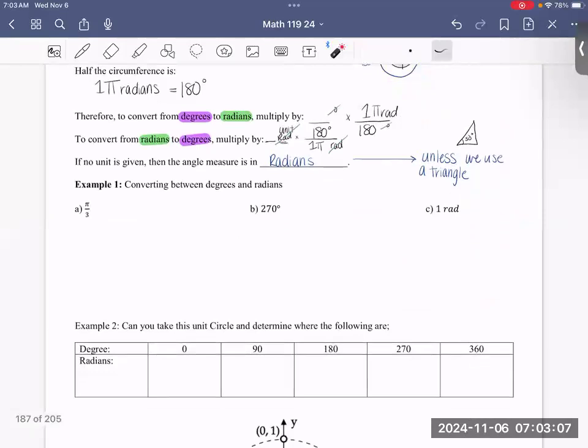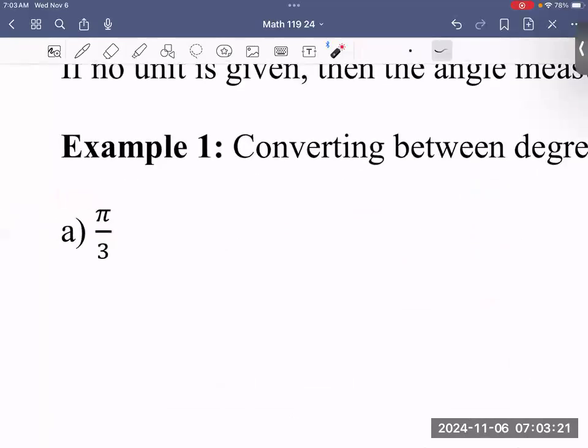So now let's talk about converting between degrees and radians for example 1. See if you can pause the video here and try some of these values on your own. Well, we have right here pi over 3. It doesn't say it, but this is a radian measure. We said to assume it's radians.